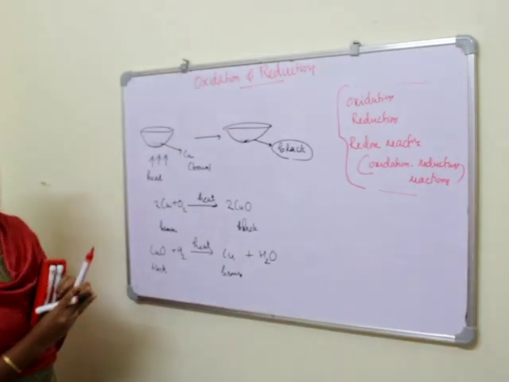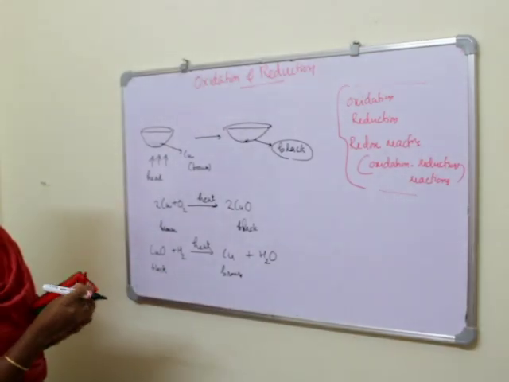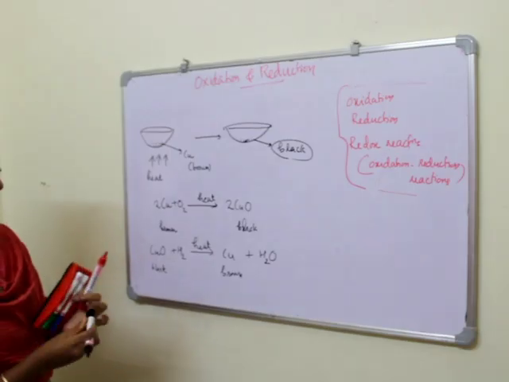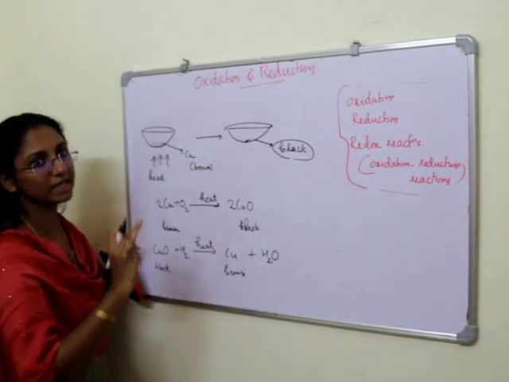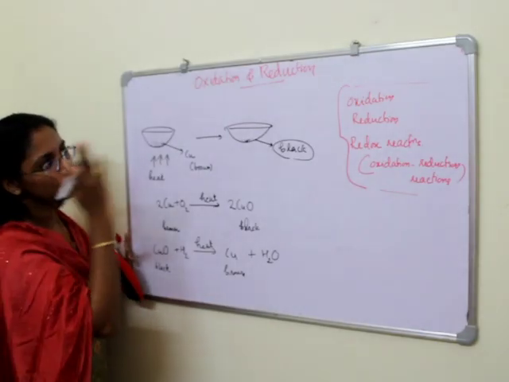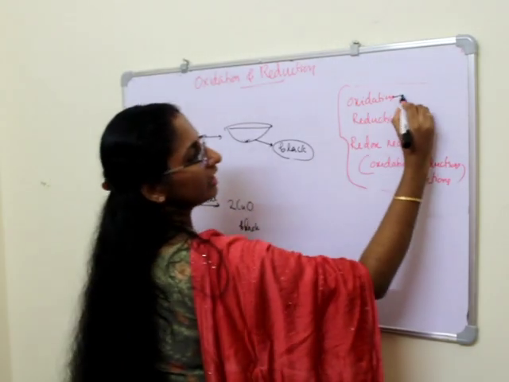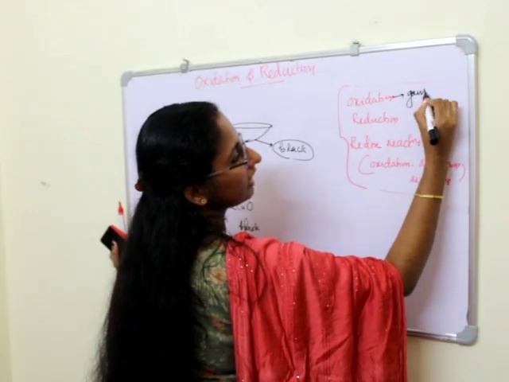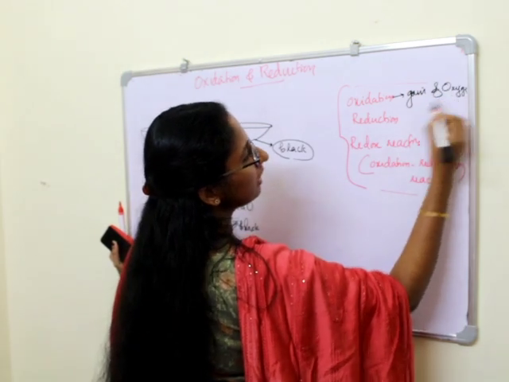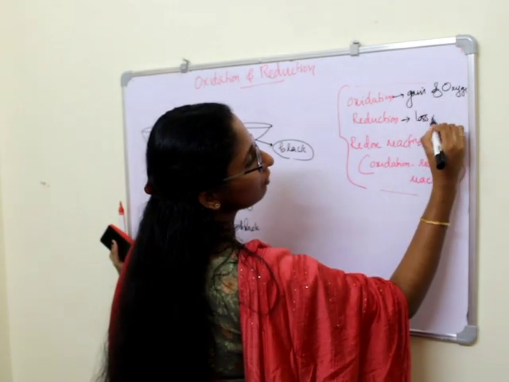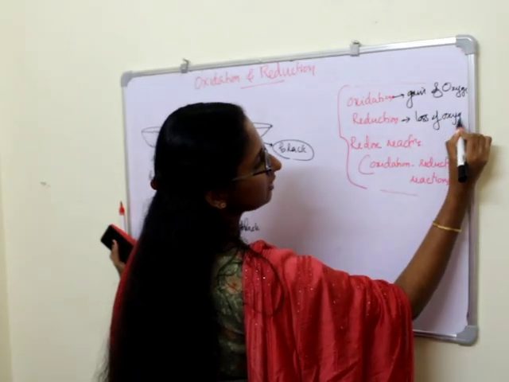Okay, so we want to check what is happening within this reaction. What about the oxidation and reduction terms? What is oxidation? Gain of oxygen atom, right? Reduction is loss of oxygen atom, right?